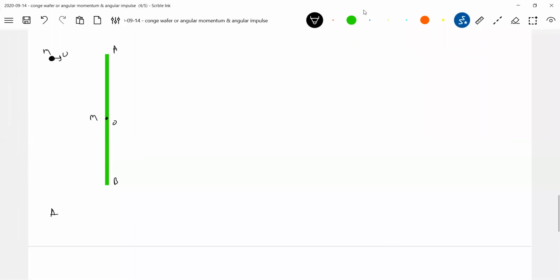We'll write it here. The particle and rod lie on a smooth horizontal surface.